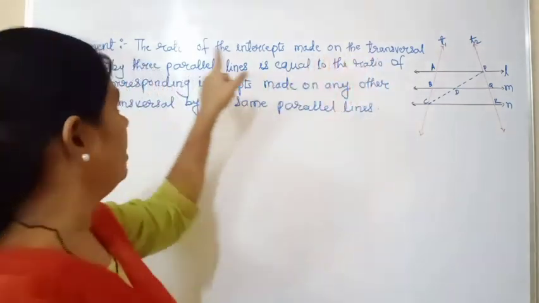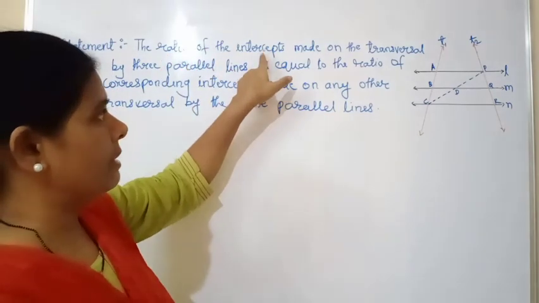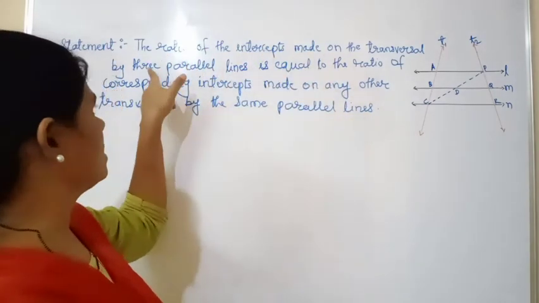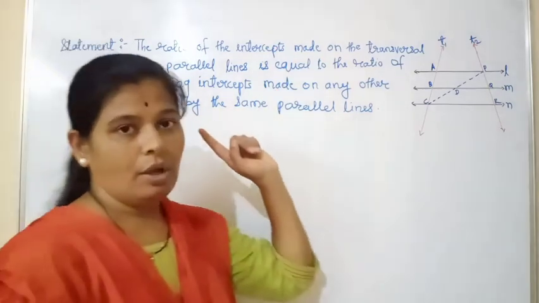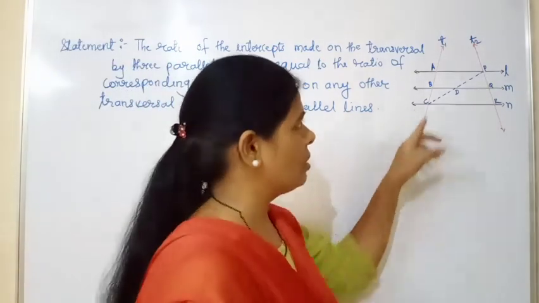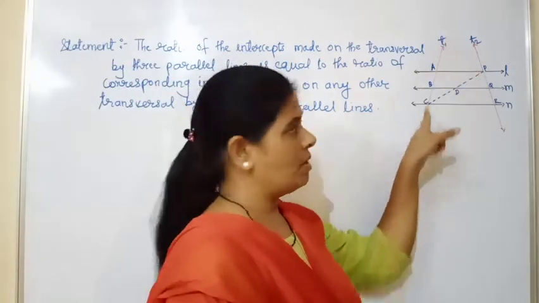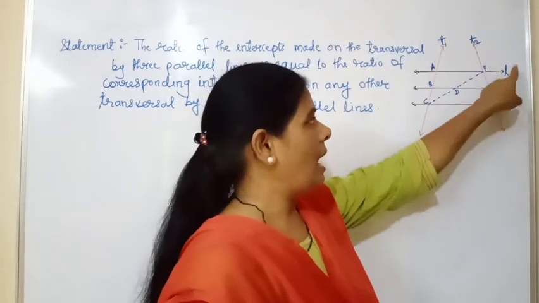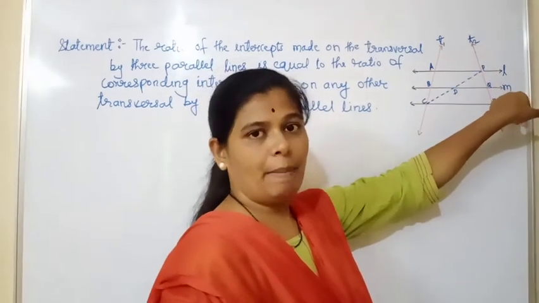So what is given here? The ratio of the intercepts made on the transversals by the three parallel lines. Now which are the intercepts? As you can see, T1 is the transversal, T2 is the transversal, and L, M and N are the parallel lines.